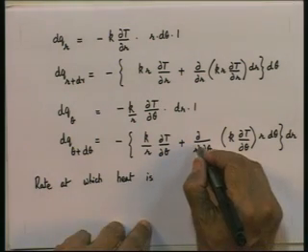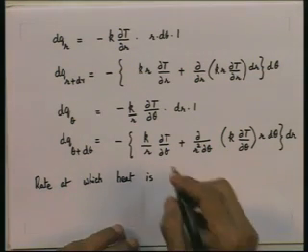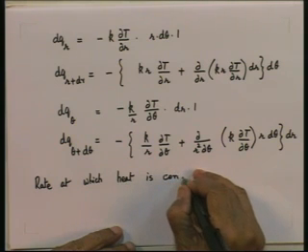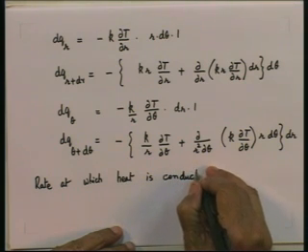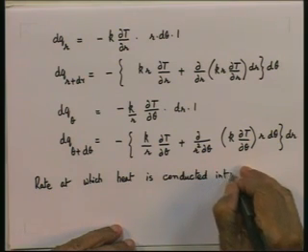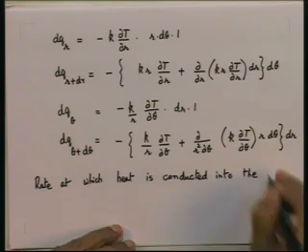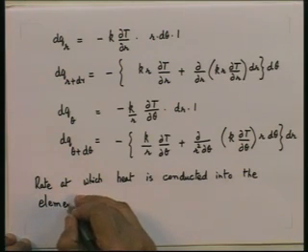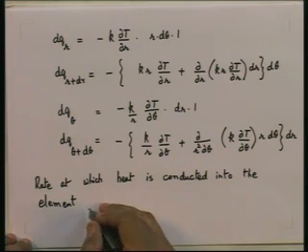In the previous term, you should have an r squared here, r squared d theta.